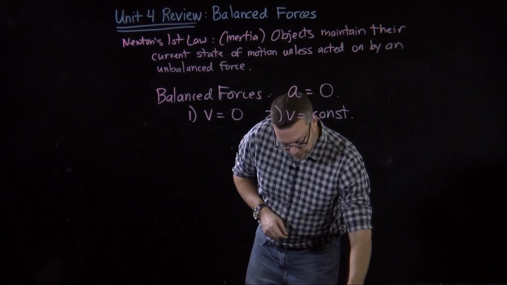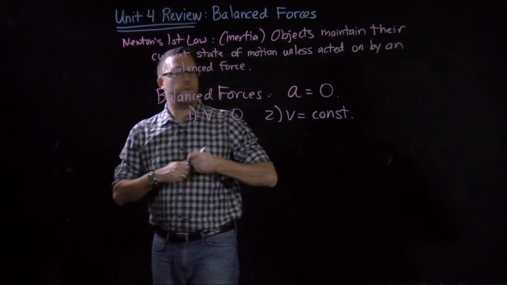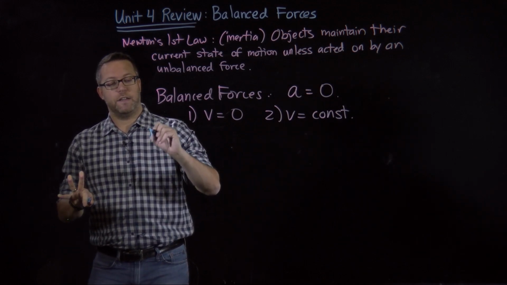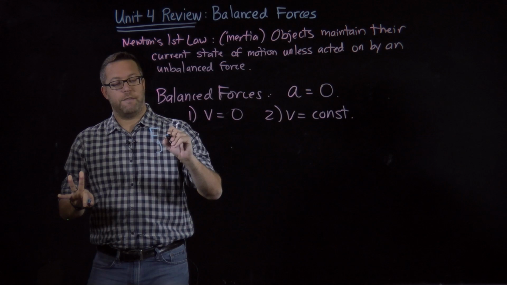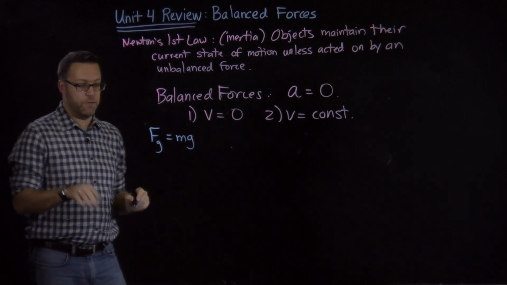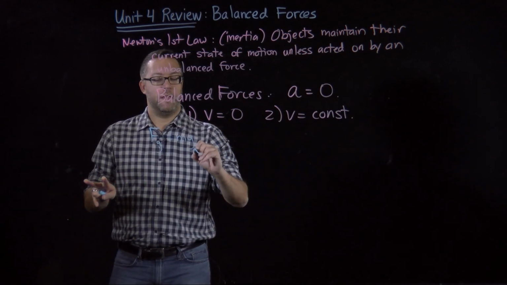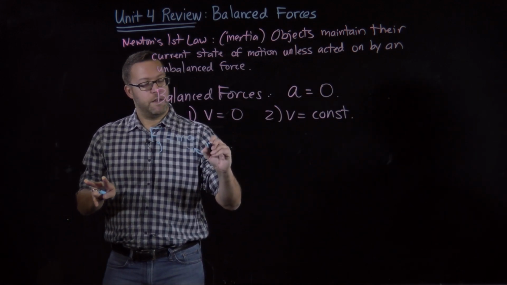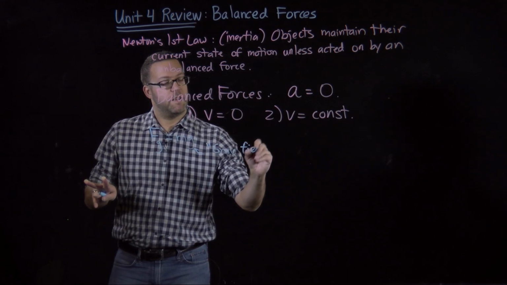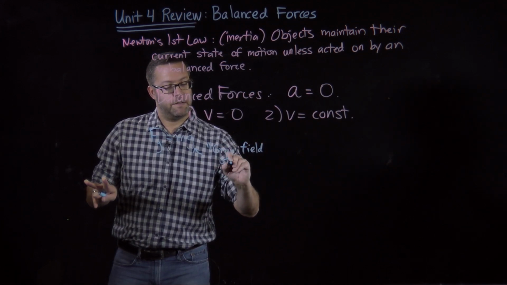And we also talked about the force of gravity, and we had the spring lab, and we came up with the conclusion that the force of gravity is equal to the mass of an object times the gravitational field strength. Okay? So this little g right here, we called the gravitational field strength.